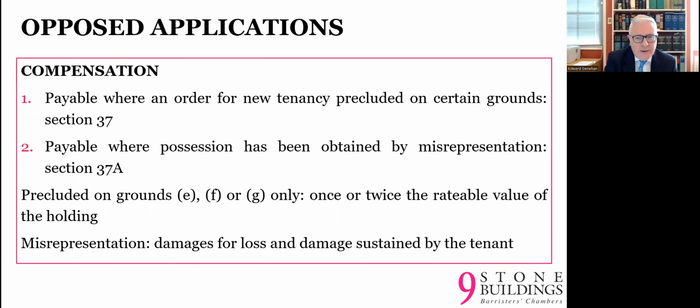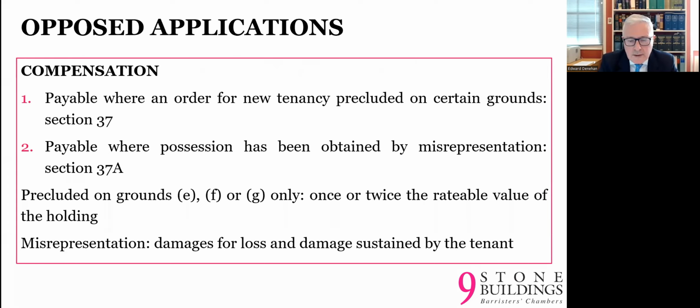I should mention compensation. There are 2 circumstances in which compensation is payable under Part 2. One under Section 37, the second under Section 37A. Section 37 compensation is when the tenant is not granted a new tenancy because the landlord successfully relies on grounds 31(1) (e), (f), and (g).